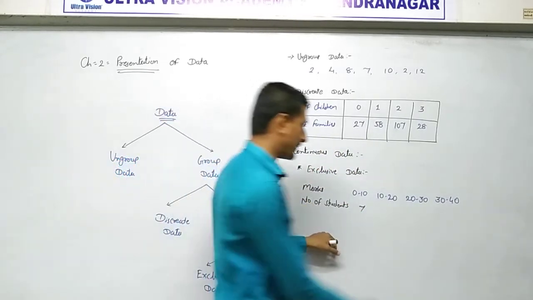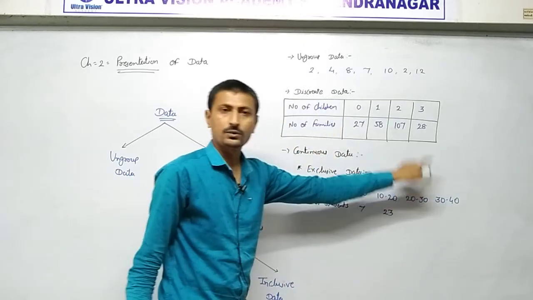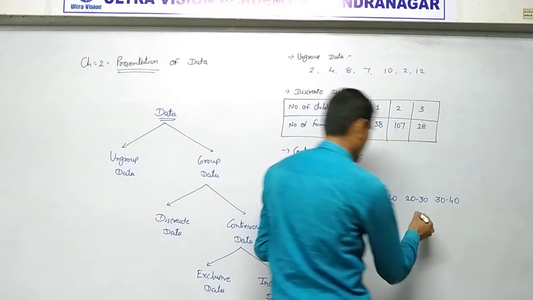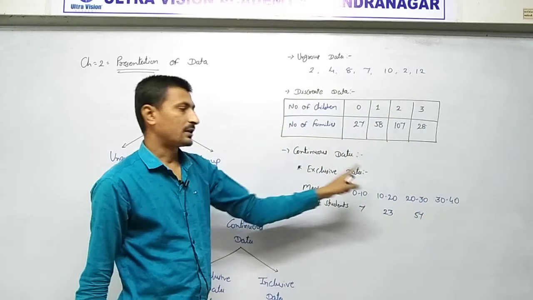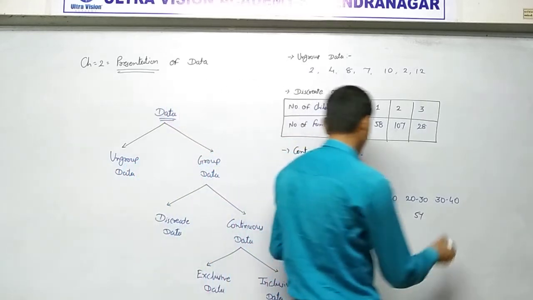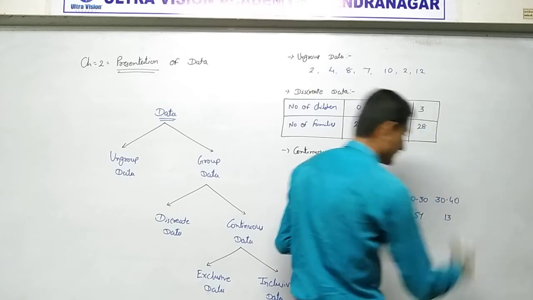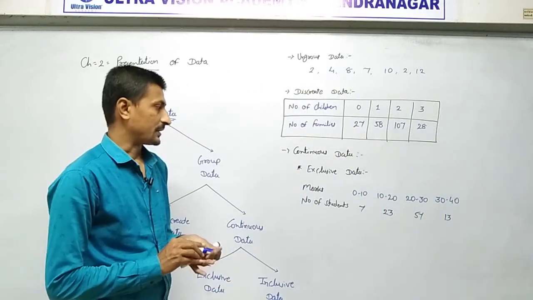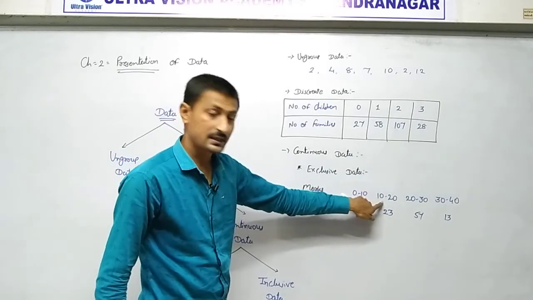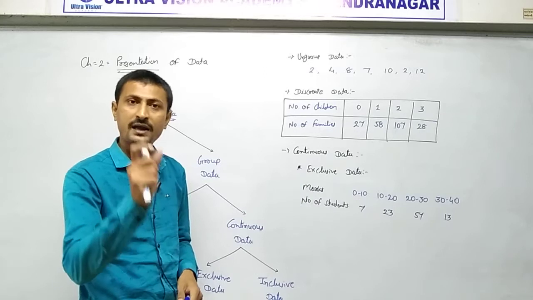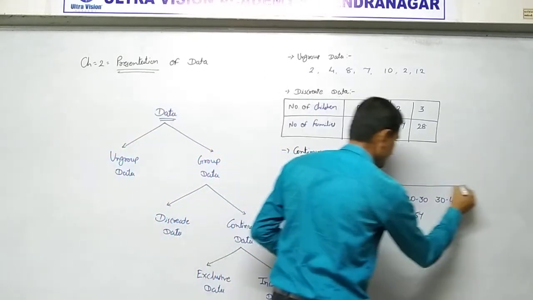Between 10 to 20 marks, number of students 23. Between 20 to 30, number of students 7, and between 30 to 40, number of students. It is called exclusive. In any given class, the upper limit and the next succeeding class's lower limit are both equal, the same. It is called exclusive data.